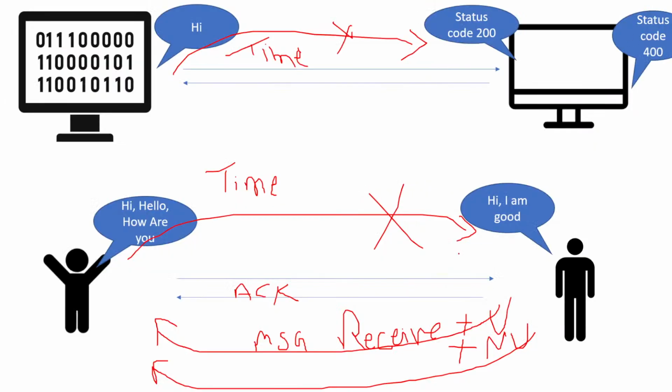Why are you getting this error? You are sending the message, and if that is not received by the receiving machine or receiving person, or if the message is received, then there can be two acknowledgements. There should always be an acknowledgement that I have received the message.